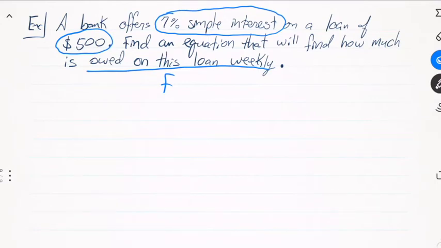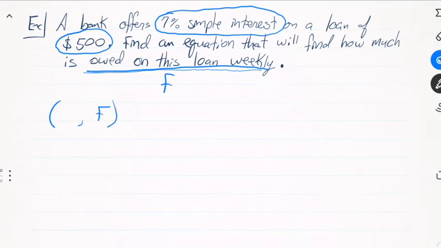Because the bank is offering this loan of $500, we're going to call that week 0 and then $500. Now, we have to determine independent and dependent so we can get the order of the points right. Since this formula is looking for how much is owed weekly, the F is going to go into the second location.